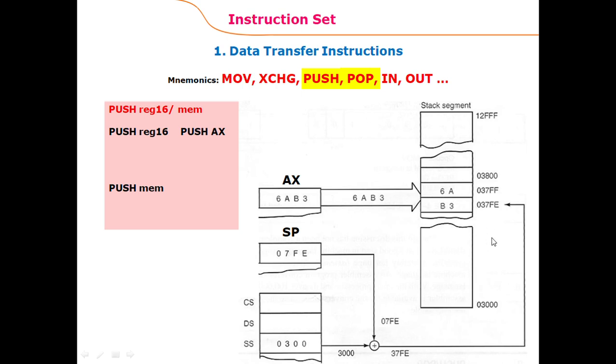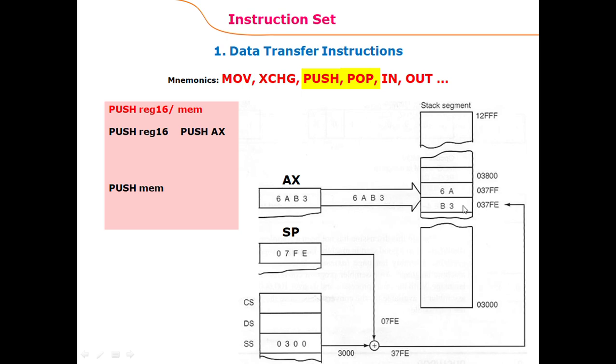That is the offset address which would be here. 3800 would be the value in the stack pointer register before the push instruction is executed. So let's assume 3800 is the value in the stack pointer when this instruction is executed. This value is decremented, so it would give us 37FE, and the physical address is calculated by appending a 0 to the stack segment value, and then the offset address from the stack pointer is added, and this is the new physical address.